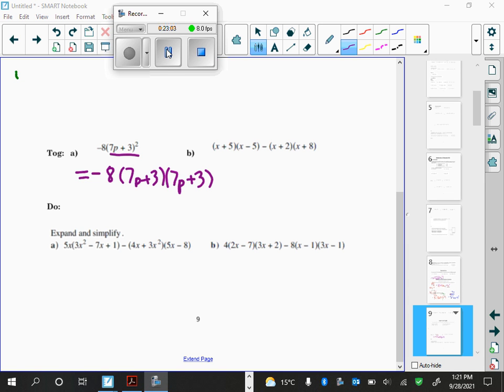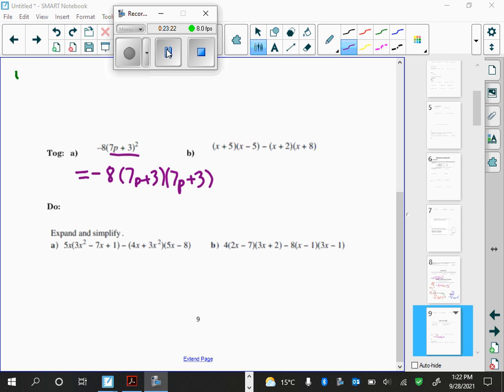No, you have to rewrite it like that, or you can do that shortcut we just did. But the best way to do it is just rewrite it, and then distribute into the first bracket. Or you might want to just FOIL first.